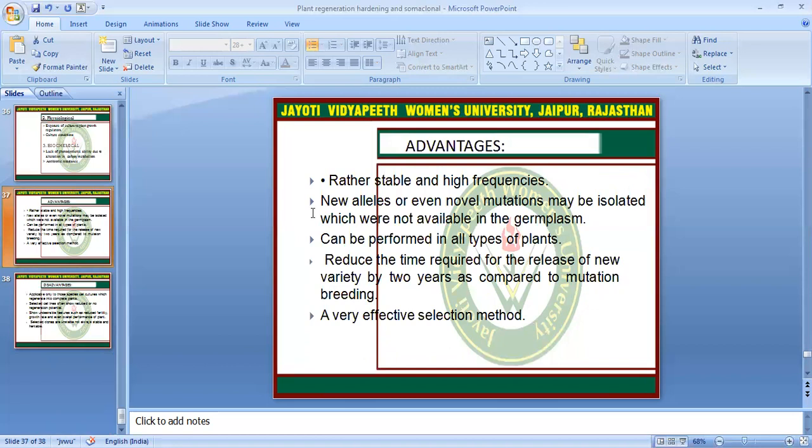Advantages of somaclonal variation are that it is rather stable with high frequencies, and new alleles or even novel mutations may be isolated which were not available in the germplasm. It can be performed in all types of plants, reduces the time required for release of a new variety by 2 years as compared to mutation breeding, and is a very effective selection method.